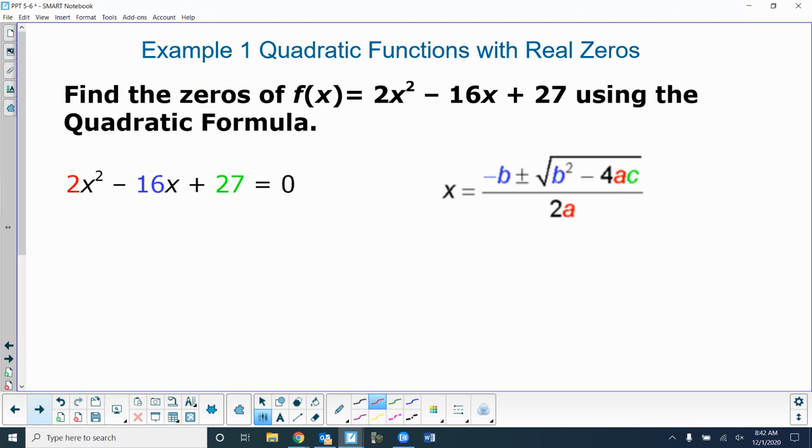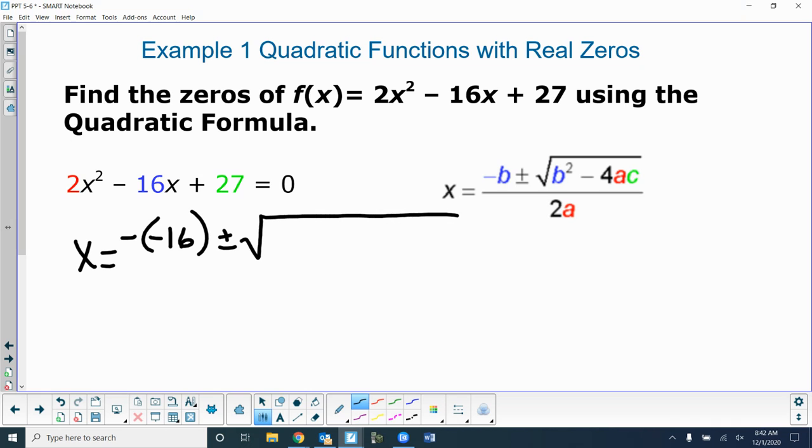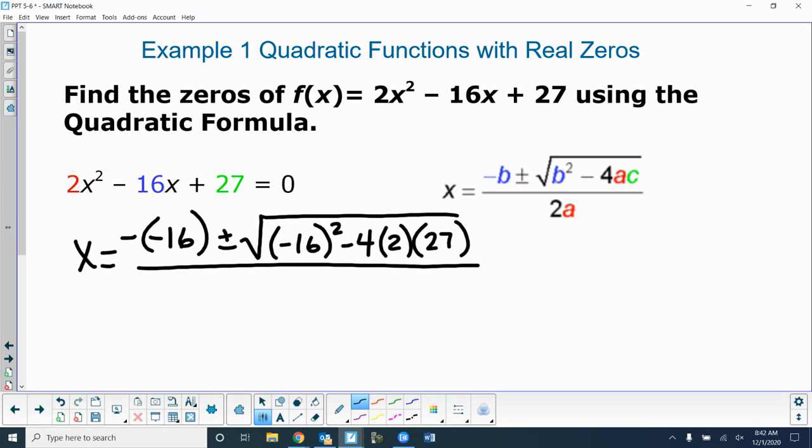All right, so here's an example. You just go x equals negative b, and b is negative 16. Again, if you want to write on the side what a, b, and c is to help you, you can. You don't have to. Plus or minus the square root of b squared minus 4 times a times c all over 2 times a.